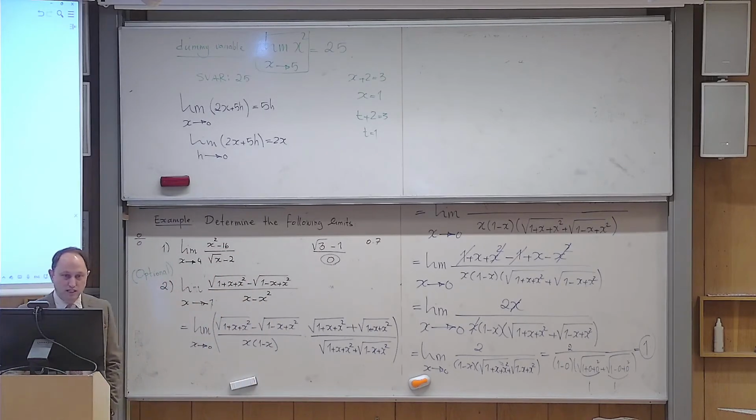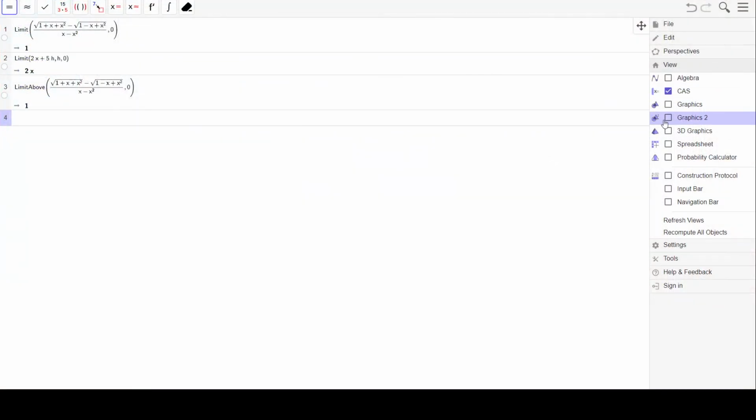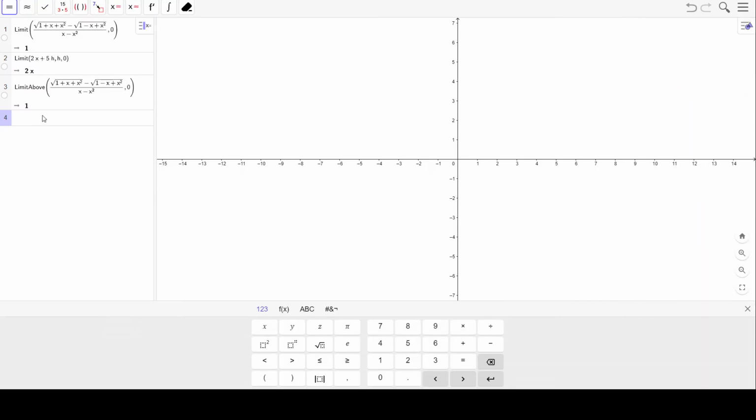We can actually go to graphic view to see. Of course, this function is too complicated, so maybe this is not a good example. But let me just see y equals, Control V. Okay, let us see what happens. GeoGebra doesn't answer anything. You need to change view. So it's f(x).